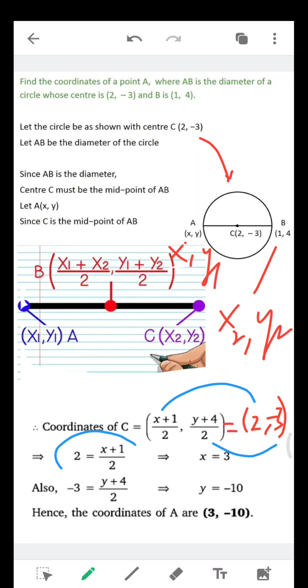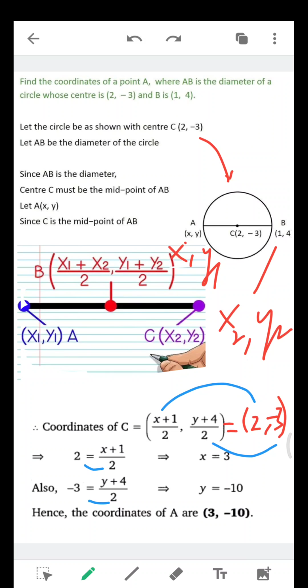Here I equate it, then cross multiplying it, 2 times 2 is 4, and x is equals to 4 minus 1, that is 3. And the next one, if I equate y plus 4 by 2 is equals to minus 3, cross multiply, minus 6, so y is equal to minus 6 minus 4, that is minus 10.